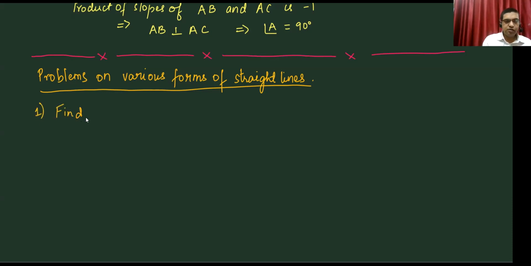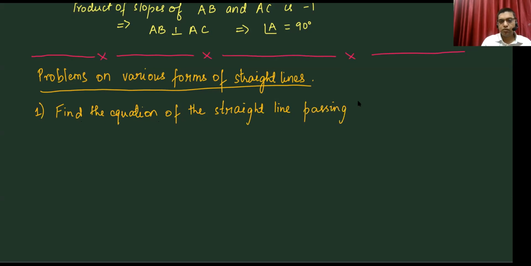Find the equation of the straight line passing through some point, say 2, 3, and parallel to x-axis.